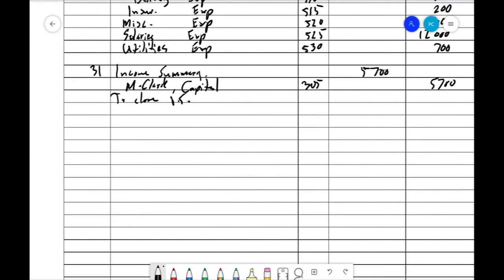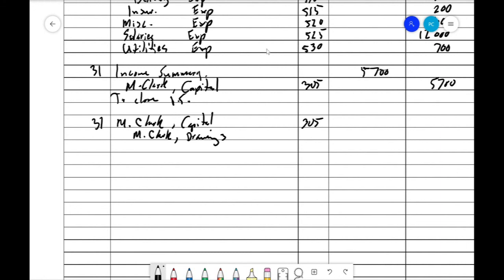Now the very last thing you have to do is you have to do the drawings. So we got capital. So it's going to be a debit because a drawing is a reduction, remember? So when you go to balance that off, you're going to have obviously a reduction of the capital, because that's what happens when you take money out of the business.